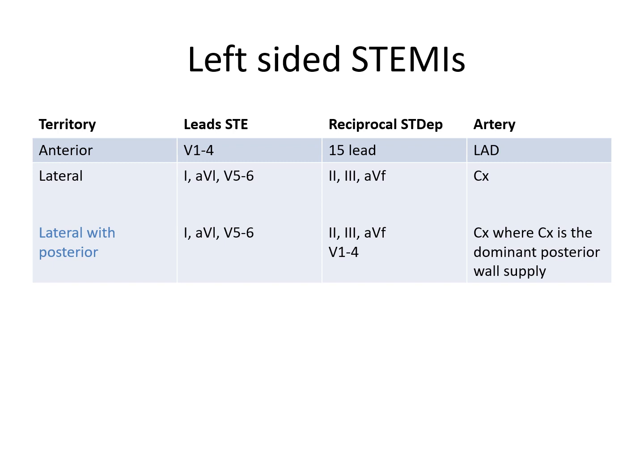However, in some patients, the circumflex, again, as it wraps around the back, in all patients meets the right coronary artery, and in many patients, the right coronary artery is the dominant blood supply to the posterior wall, but not in all. Some people have the circumflex as the main supplier of the posterior wall, in which case we'll have the lateral with posterior involvement.